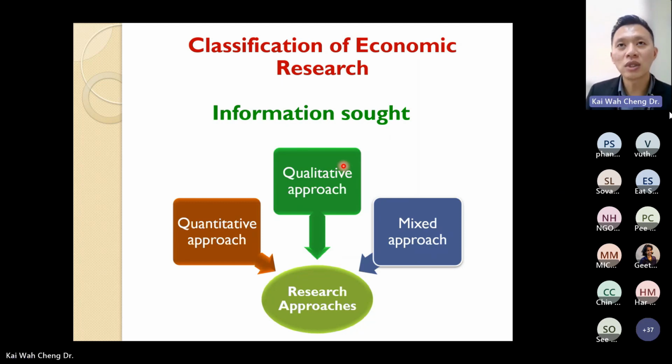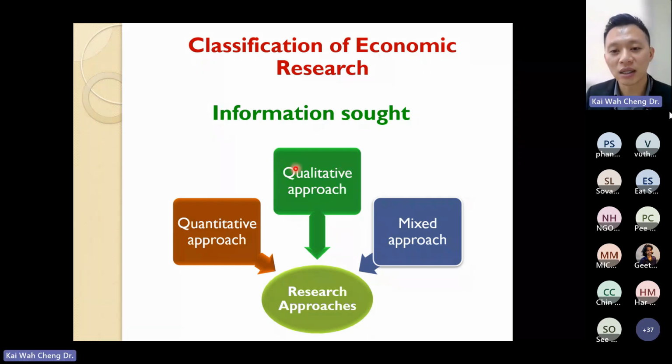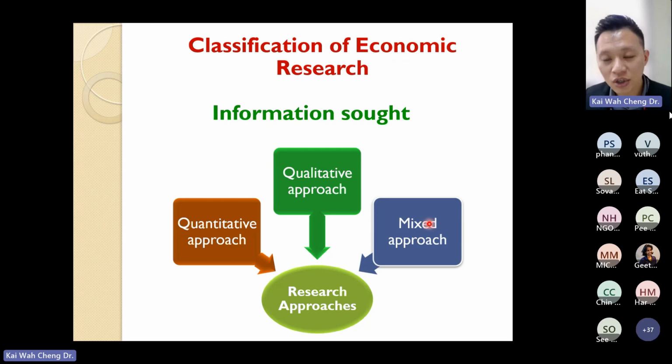The examples of qualitative research may be interviews, group discussions, case studies, and so on and so forth. And for the last one, mixed approach. Mixed approach means you combine the quantitative and qualitative approaches together in a research. So we call it a mixed approach.